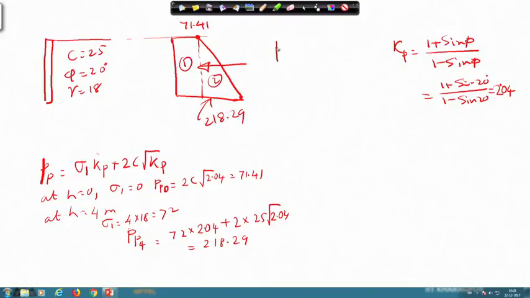So, I can find P1 equal to 71.41 into 4, that will be equal to 285.64, and P2 will be equal to half multiplied by 4 multiplied by 146.88.